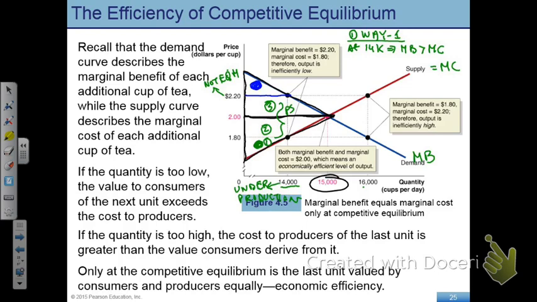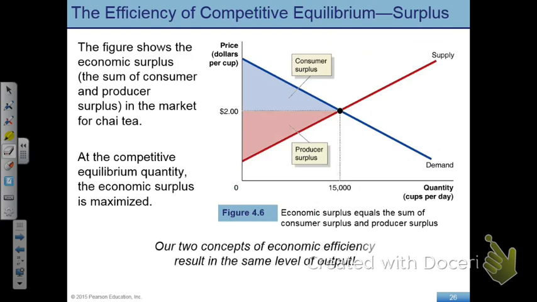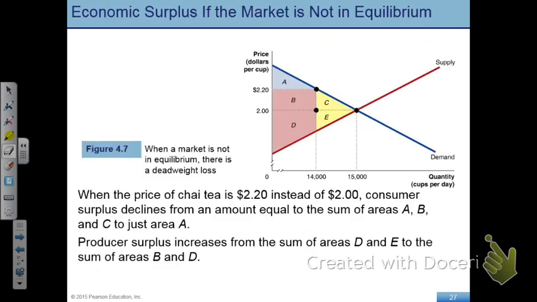Our consumer, I want to be a little bit formal about this. I guess we can look at this one. Okay? This is much, much cleaner. So notice that when the market equilibrium was at $2, the consumer surplus was the area A plus B plus C, and the producer surplus at equilibrium was D plus E, right?